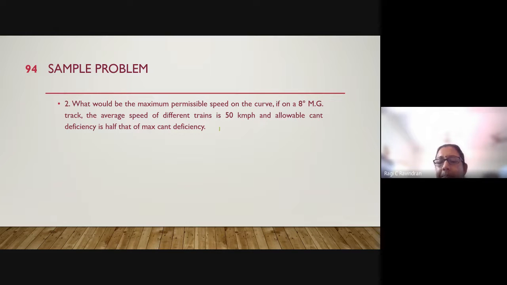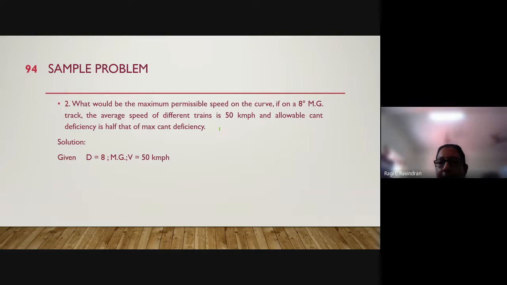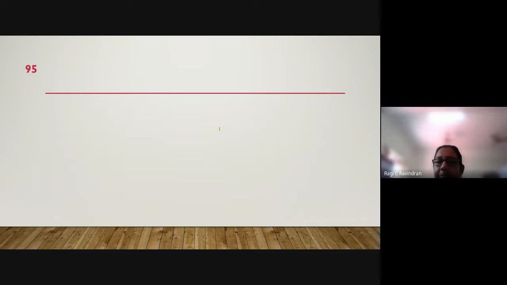Given data is an 8-degree curve, meter gauge, average speed is 50 kmph. So you can follow the same steps as in the previous problem. Find out the radius from the equation 1720 by D, so we'll get an answer.